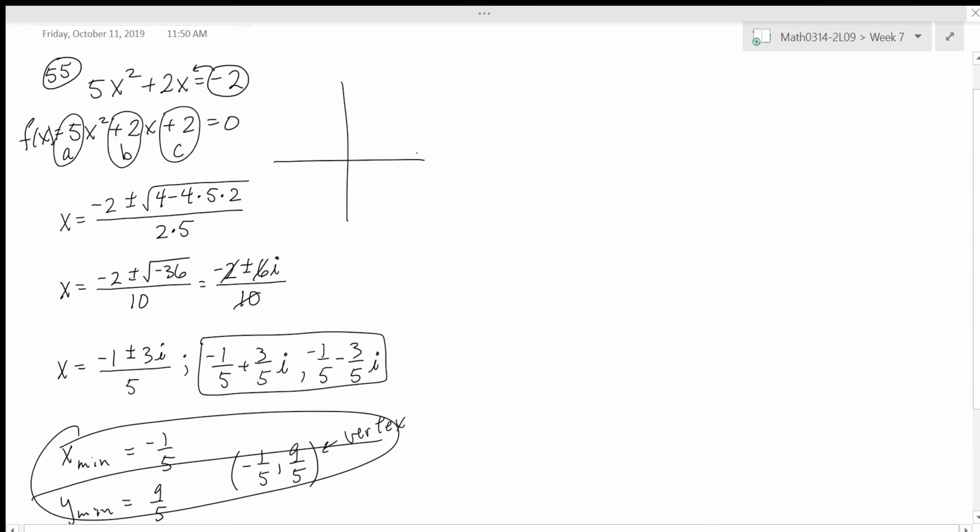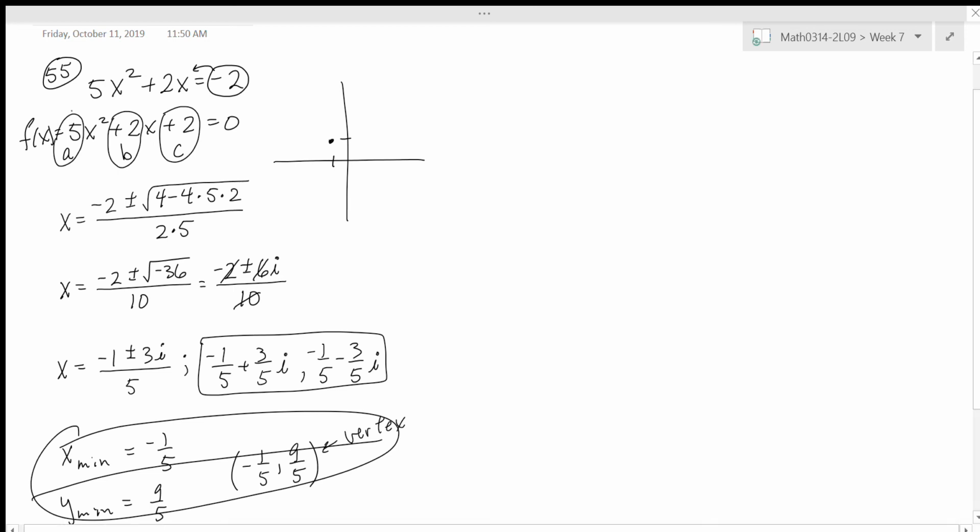And I know that a negative x and a positive y is going to be in the second quadrant. Negative x, positive y, that says I'm going to go back and up, right?